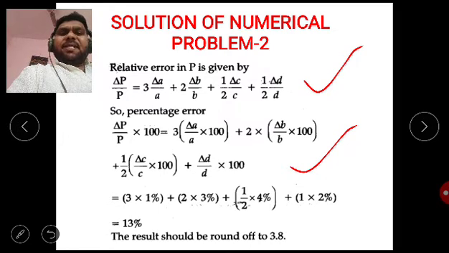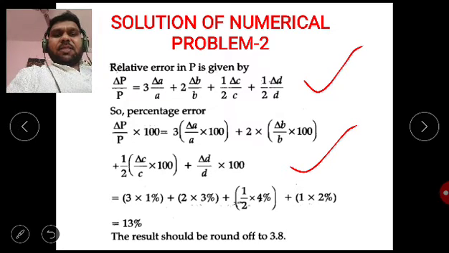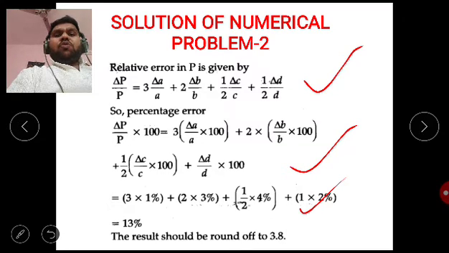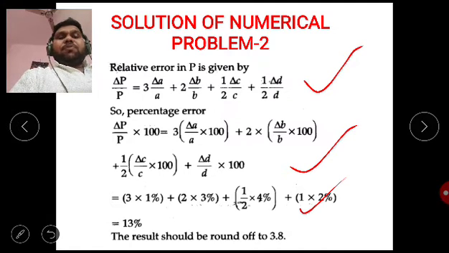We put it into the formula and calculate the percentage error in P as 13%. Now some value of P was given, so we need to round that off to 2 significant figures. Why 2 significant figures? The reason is that the percentage error is 13%, which has 2 significant figures. So we round off the result to 3.8.